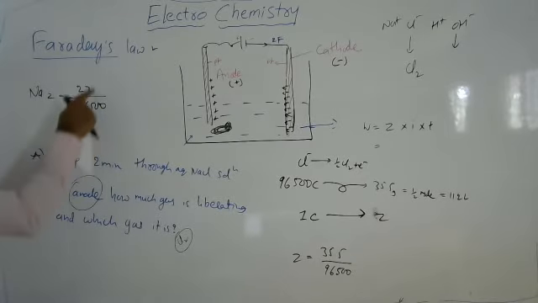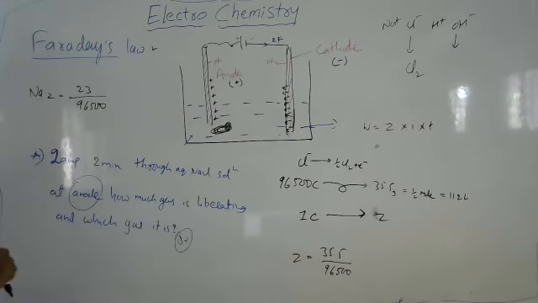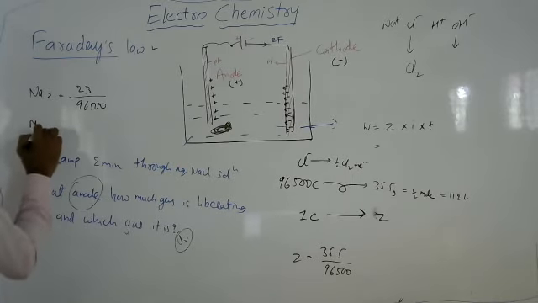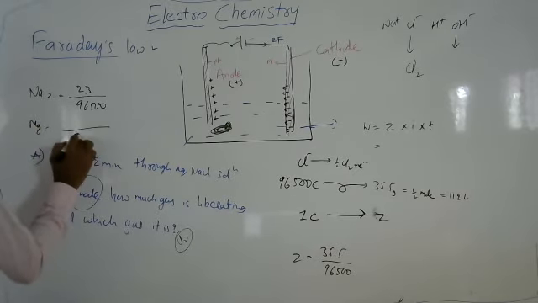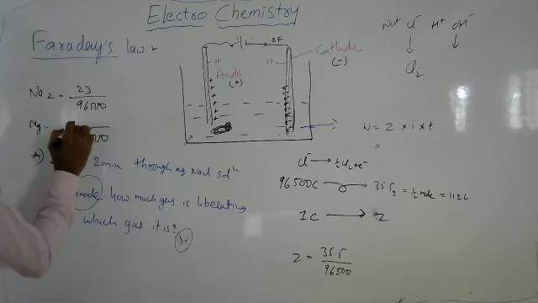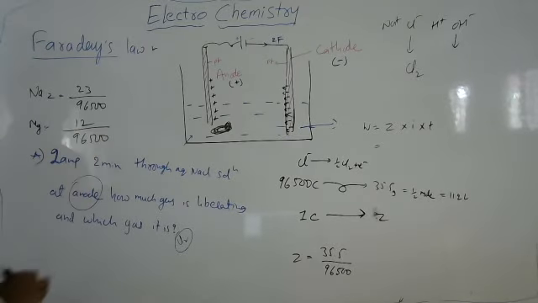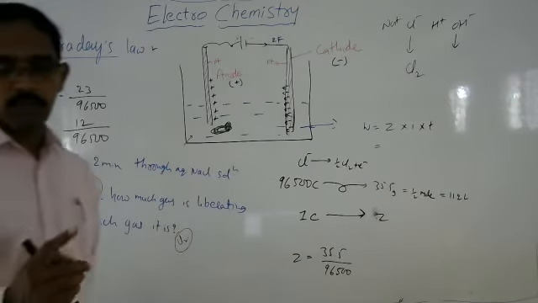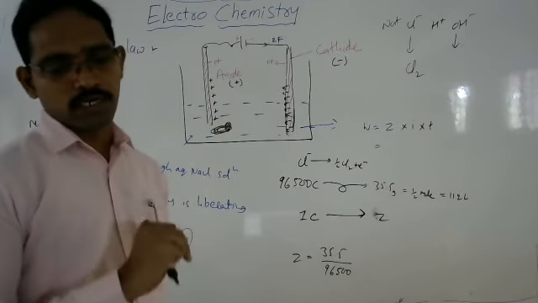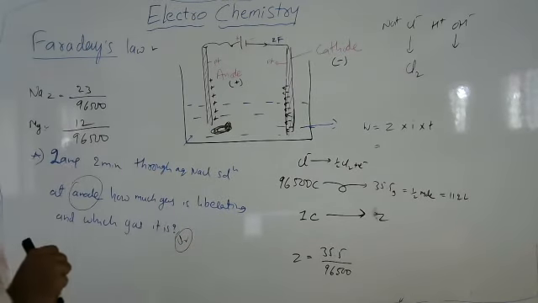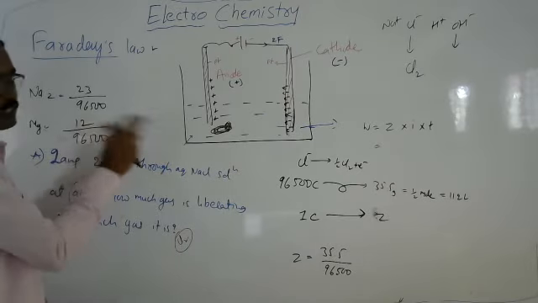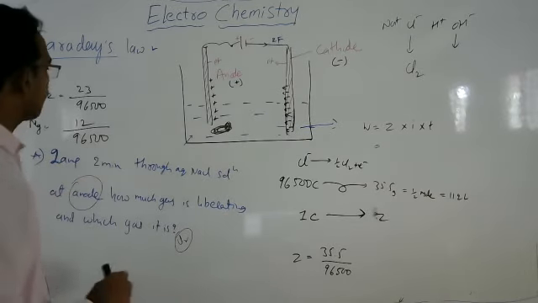For 1 coulomb, how much? Like this, suppose magnesium is there. For 96,500 coulomb, here only 12 grams will deposit, because each magnesium requires 2 electrons. We will discuss this in the next one; the second law will tell that.